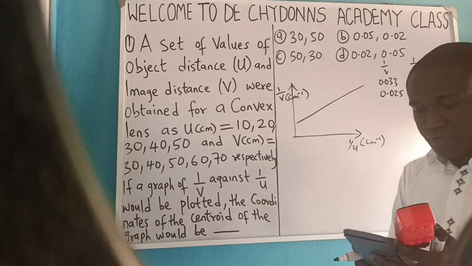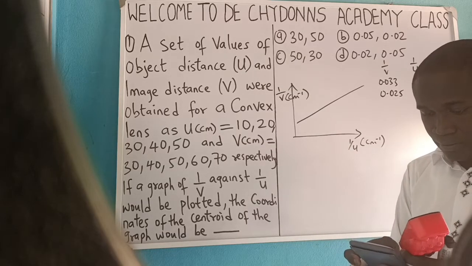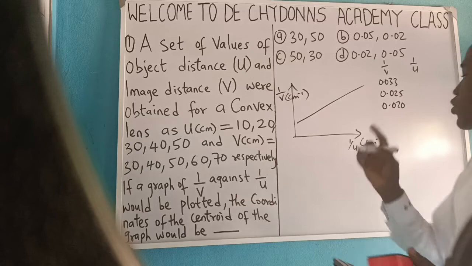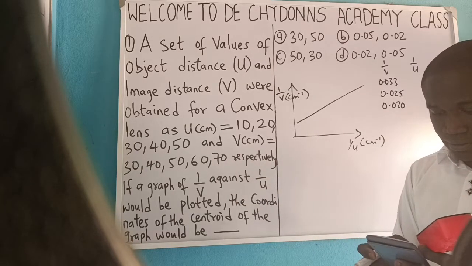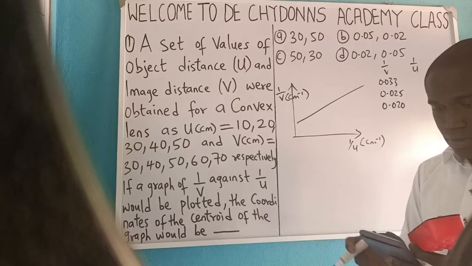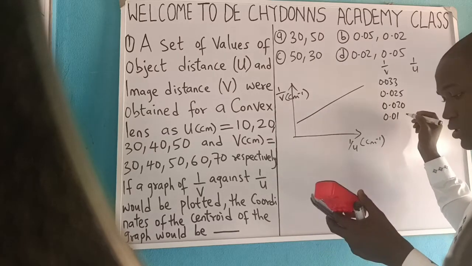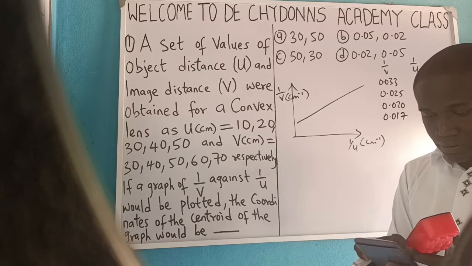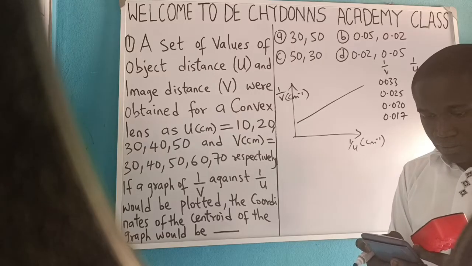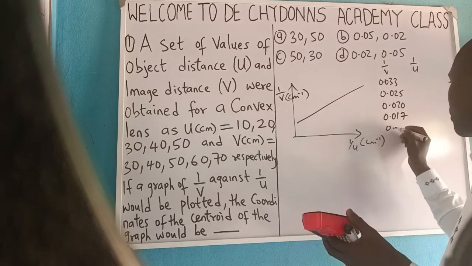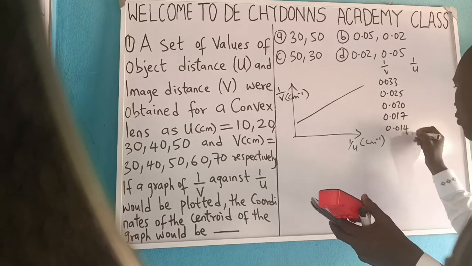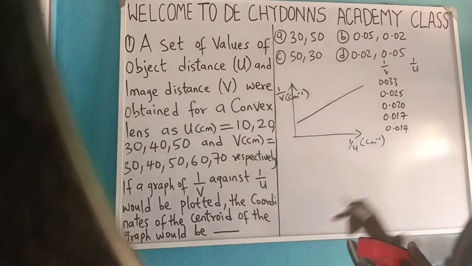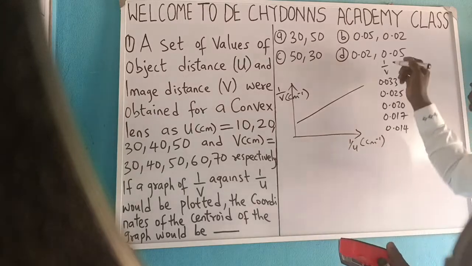You check 1 over 50, 0.020. You check 1 over 60, 0.017. You check 1 over 70, 0.014. We are done. Just use your calculator, get the inverses of this v. That is 1 over v.